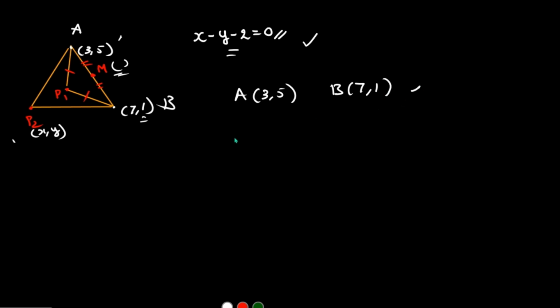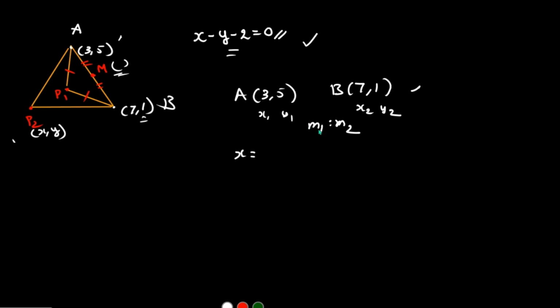Okay, we know the section formula. If the joining line, with one point x1, y1 and another point x2, y2, is divided in the ratio m1 is to m2, then we can find the x and y coordinates in this way, okay?